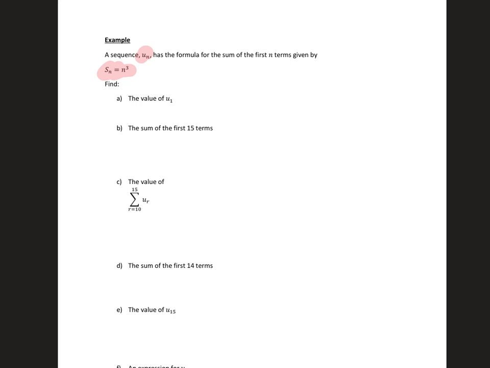So that means, for example, if I pick a random number, so let's use 3. So S3 would be 3 cubed. So that means U1, add U2, add U3, so the first 3 terms of a sequence, add together to give me 27. That's what that formula means there.